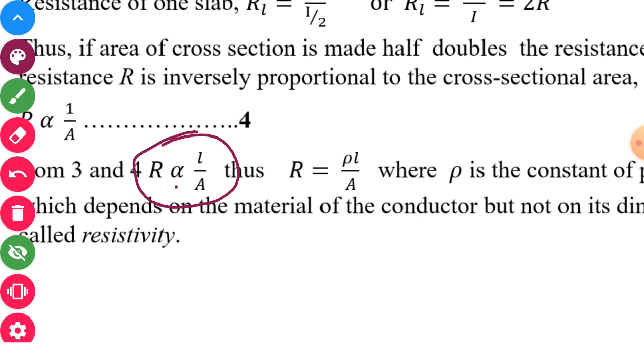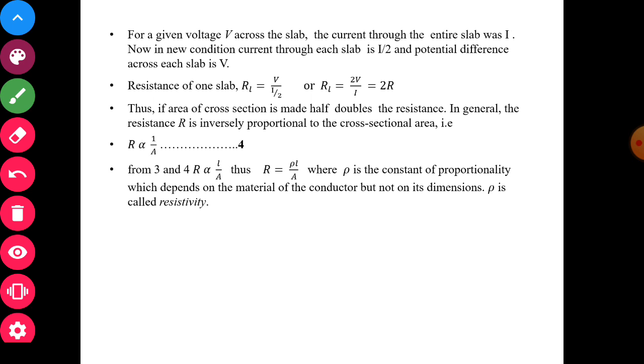If you remove this proportionality and put a constant, then it is resistivity rho, where rho is a constant of proportionality, which depends on the material of the conductor. Try to understand, it depends on the material of the conductor but not on the dimensions. Rho depends on the type of material, resistance depends on dimensions.